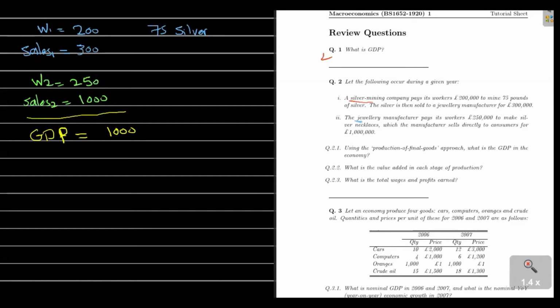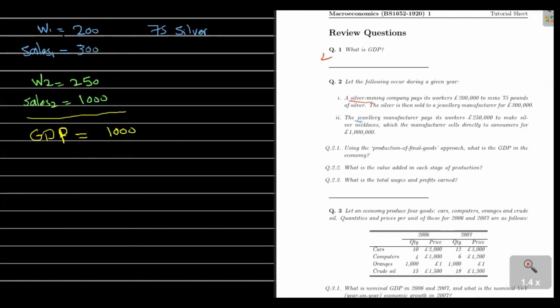That takes us to the main point here. Why did we not include the value of the sales from the first company? Because the 1 million pound value of the silver necklaces already includes how much silver is in it.